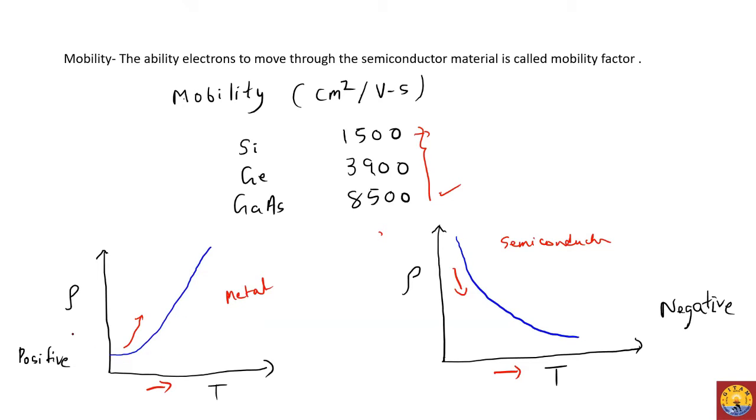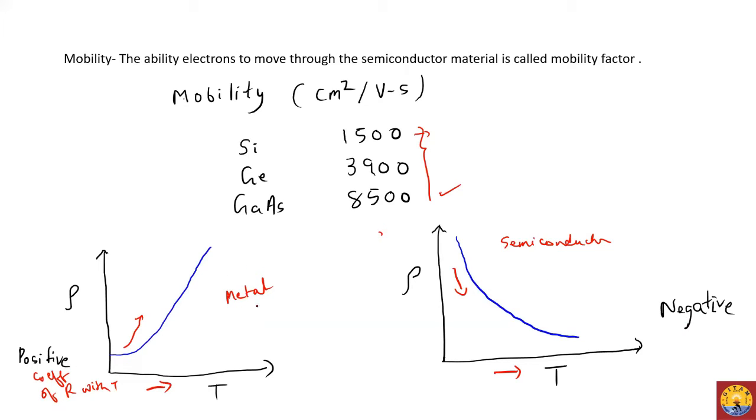When the resistivity increases with temperature, we call that a positive temperature coefficient of resistivity. And for semiconductors, it's a negative temperature coefficient of resistance.